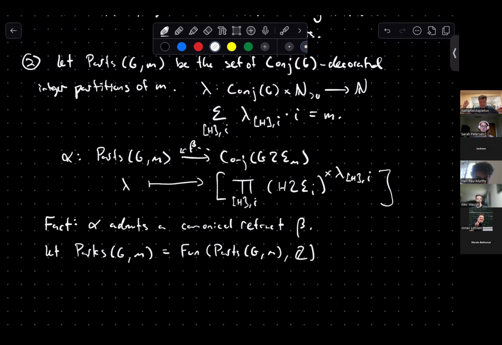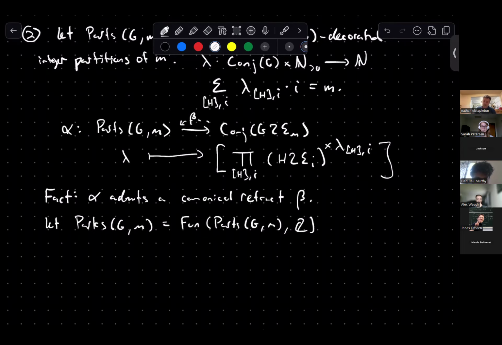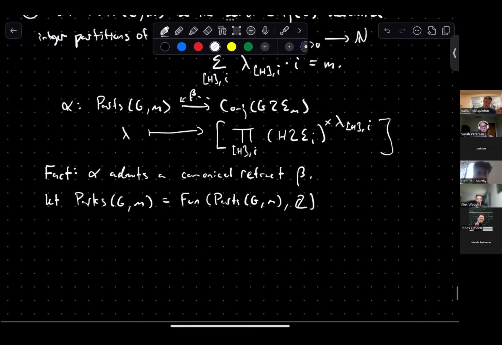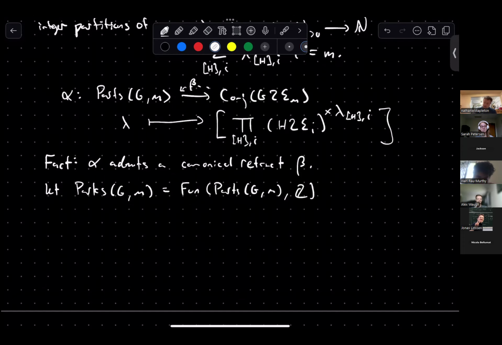And so I'm just going to use a different ring than Marks. I'm going to use this ring, Parks, which has combinatorial things that go into it. So it's a little bit easier to work with. And then there's the character map for A of G wreath sigma M. So this lands in Marks of G wreath sigma M, taking values in the integers.